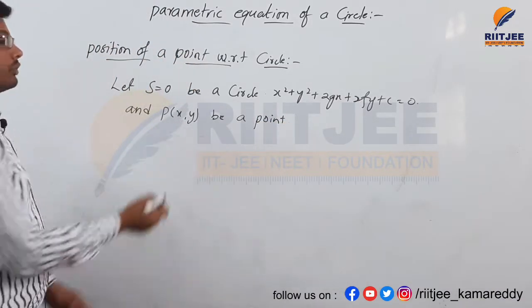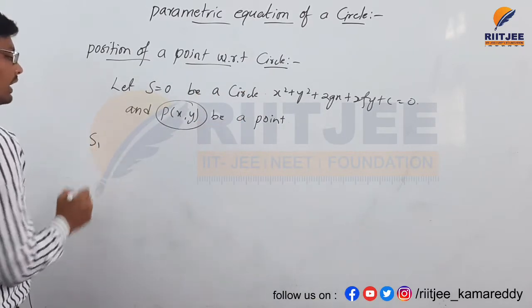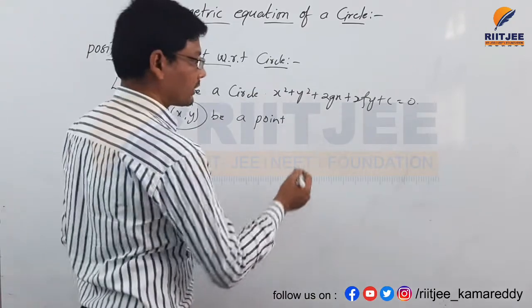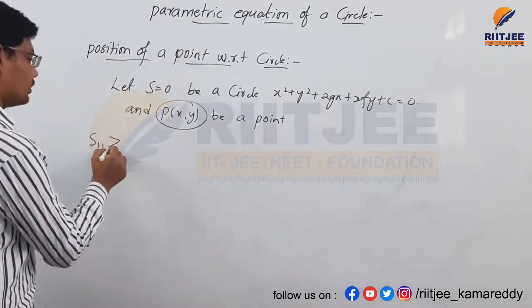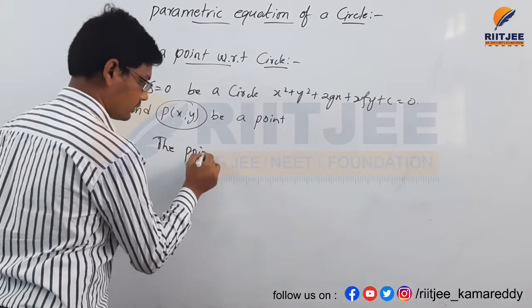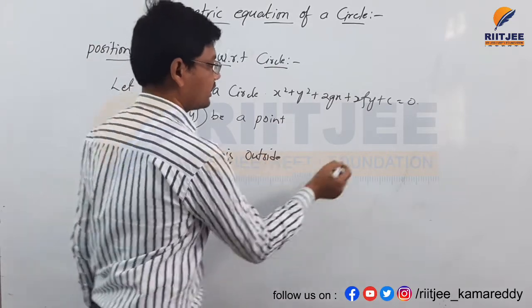Let's see this point's position on this circle. How? Here S11, if S11 is greater than 0, the point is outside of the circle.